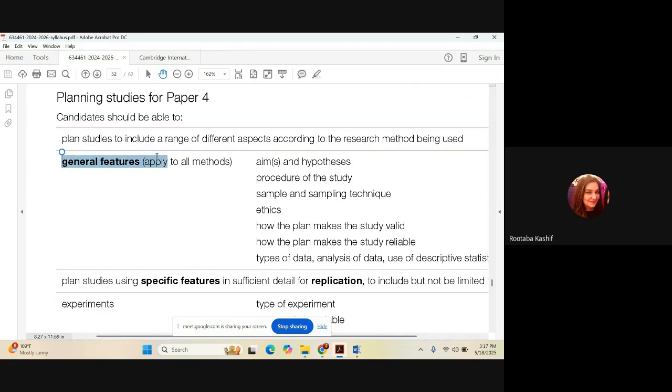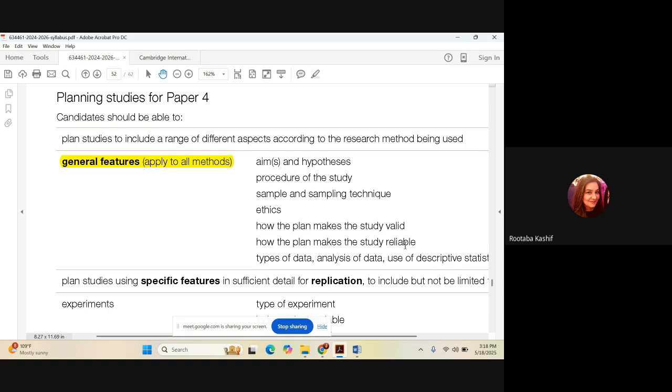The first thing that definitely needs to be there is general features. General features are the features which apply to all the methods, whether you are doing an experiment, a self-report questionnaire, a correlational study or a longitudinal study. When you're designing a study, you should include an aim and hypothesis, procedure, sample, sampling technique, ethics, validity points, and reliability.